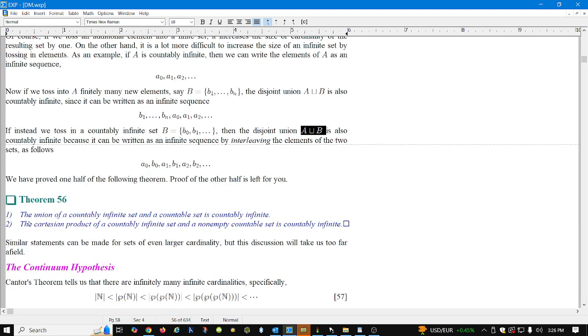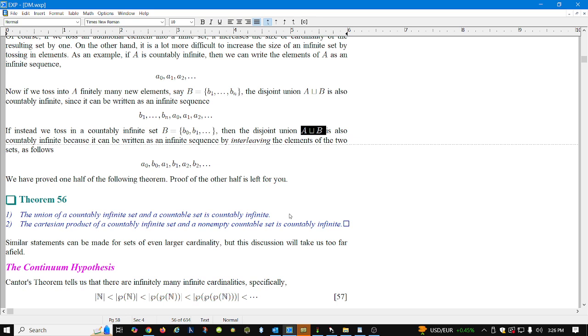So the union of a countably infinite set and a countable set, either finite or countably infinite, is again countably infinite. Just to be less formal, if you have a countably infinite set, you can toss in a finite number of elements or even a countably infinite number of elements, and it will not change the size of the set.